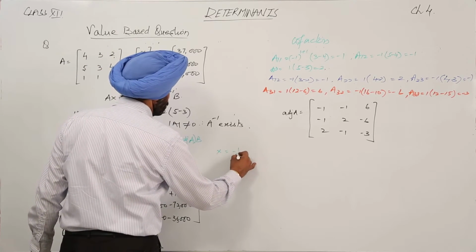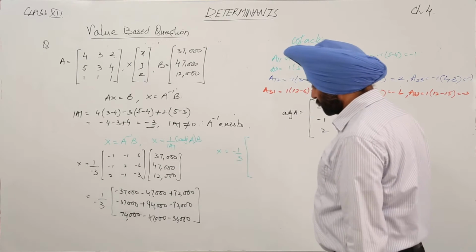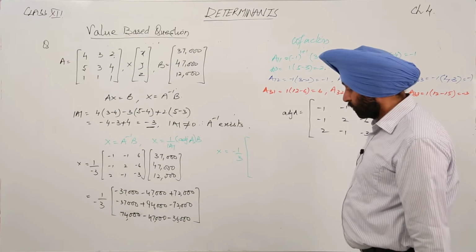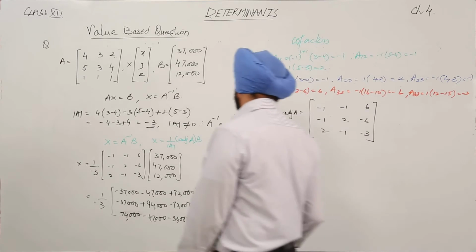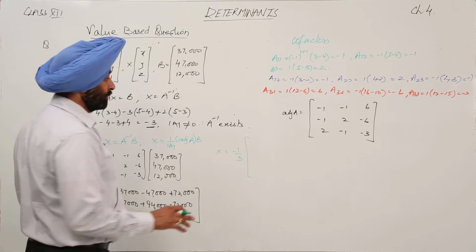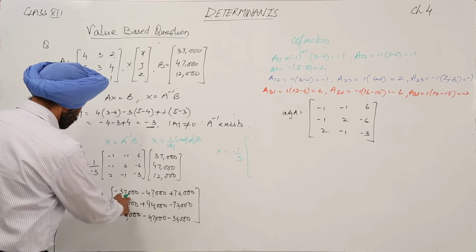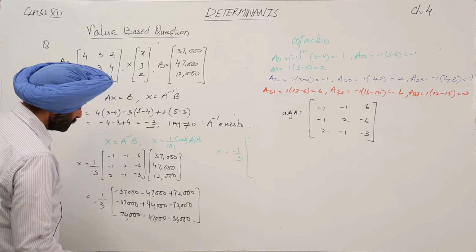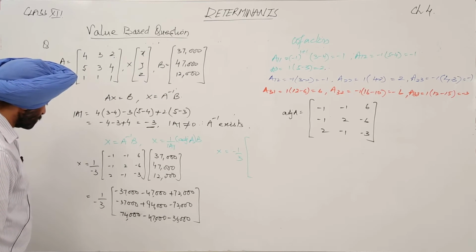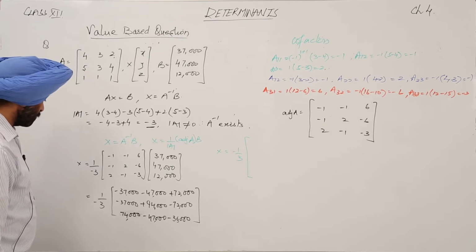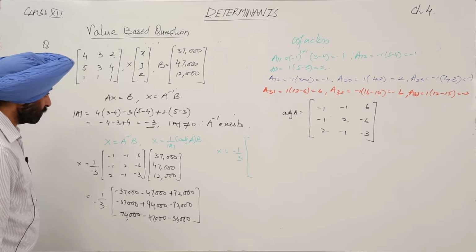Now further we are having x is equal to minus 1 by 3. Now 37 plus 47, it is 84, minus of 84 plus 72. Okay, so we are having 72 and 84. Minus 37, 47, 84, 12,000.